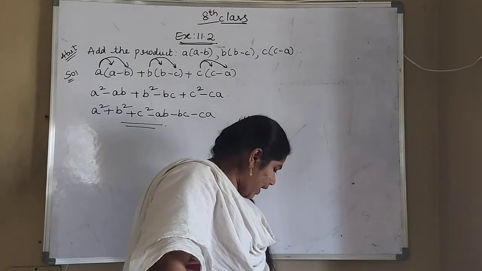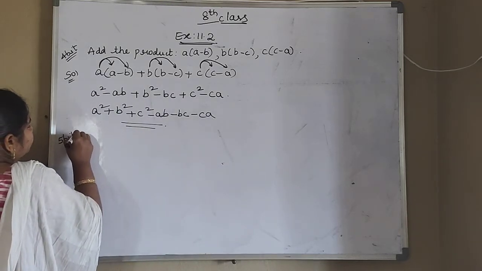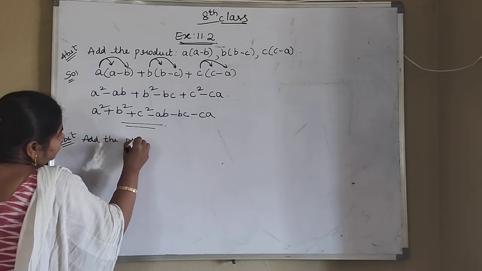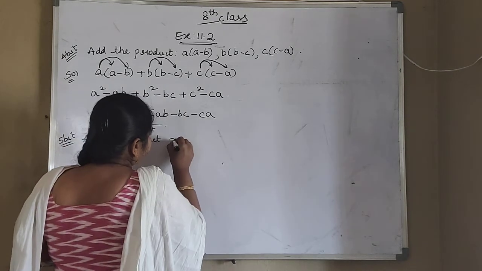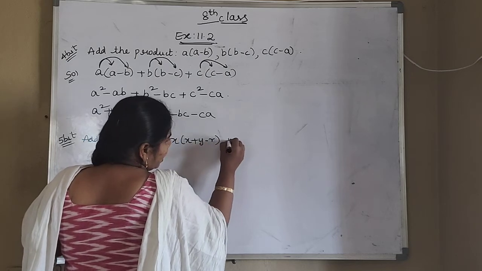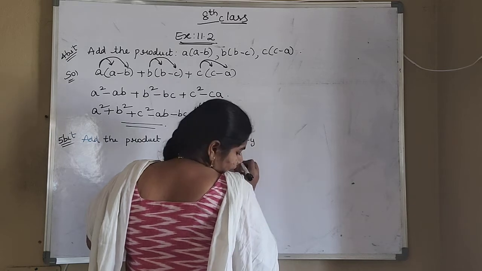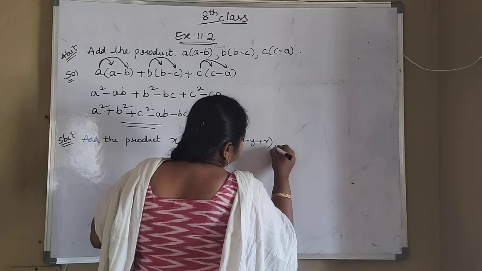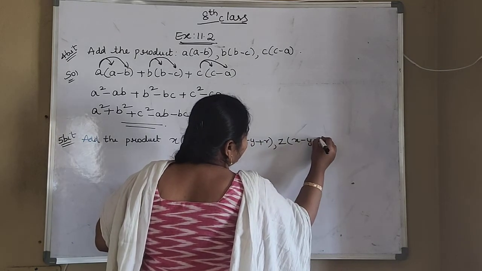Next is the fifth bit, same as the fourth one. Add the product. What I have given is x into x plus y minus r, comma y into x minus y plus r, comma z into x minus y minus z.